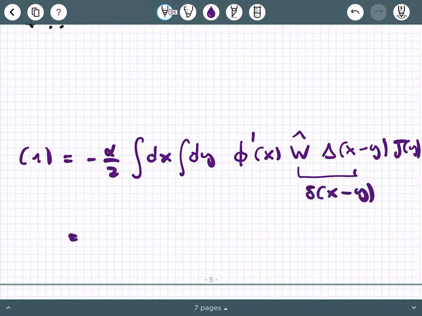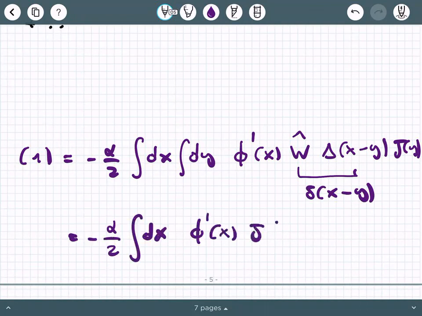So this guy here becomes negative alpha minus 2, only the integral over x. And then I get phi prime of x, J of x. I'm beginning to build terms that can cancel out the term that I don't want. Okay?